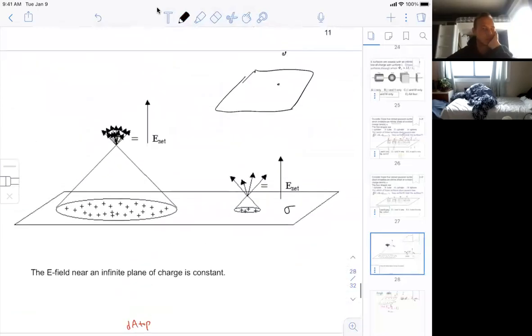So this is our surface. So E here is the same value as long as you are on the flat surface parallel to your sheet. That's our second condition.